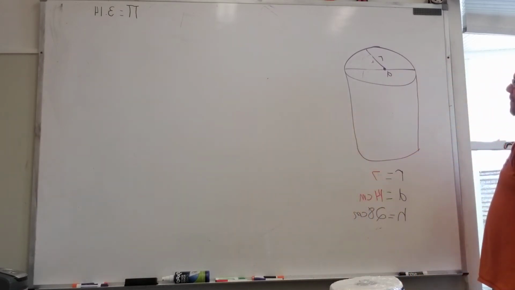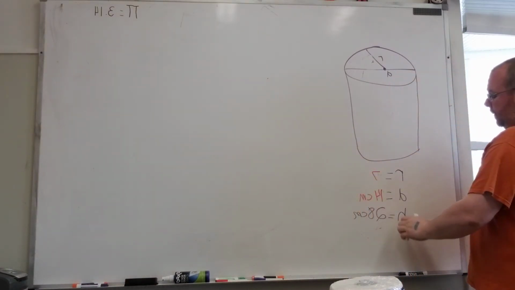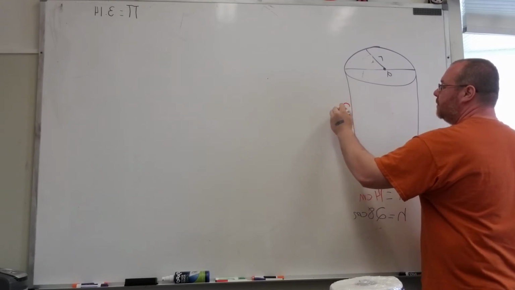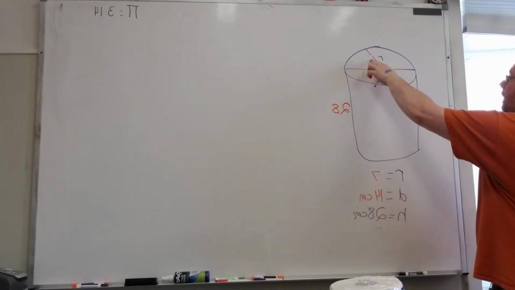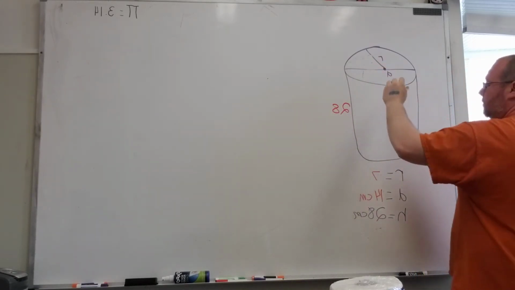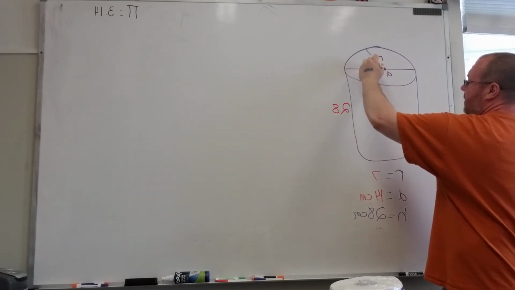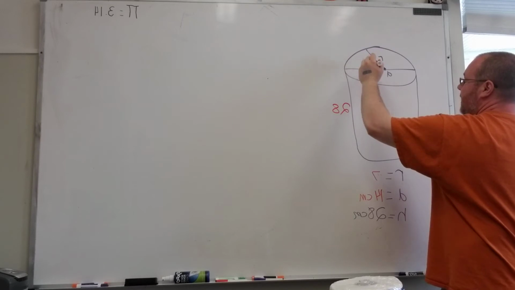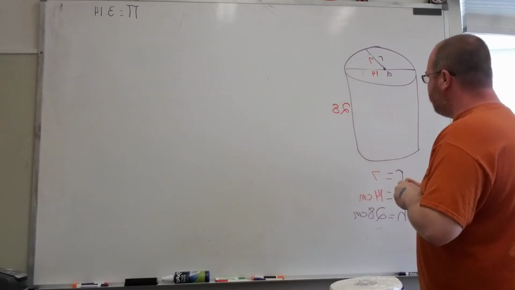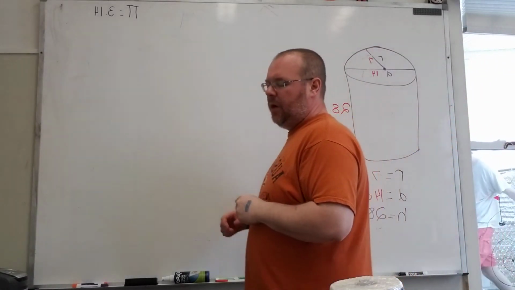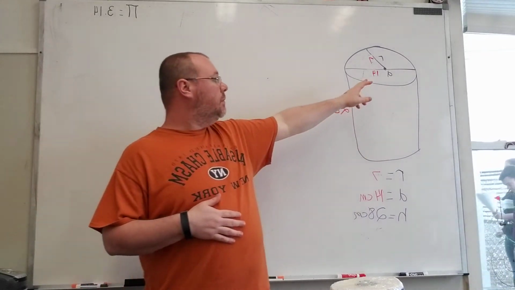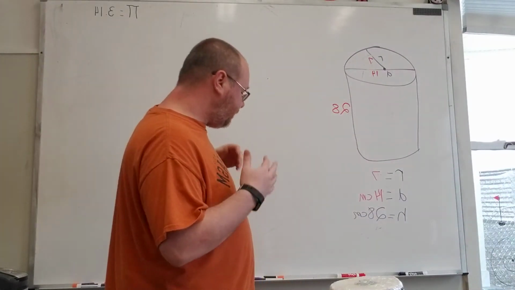So now let's label our cylinder. We have a height of 28. We have a diameter of 14 and a radius of 7. Now which number here don't we need? We don't need the diameter.